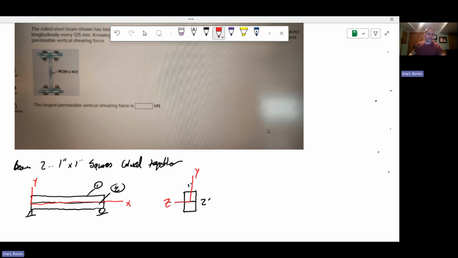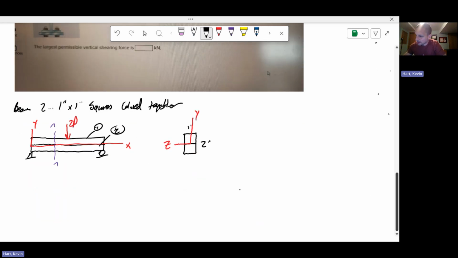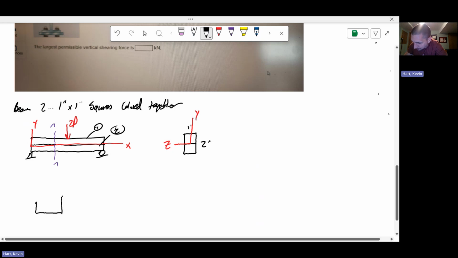Hopefully you're following all of this. All right. If you have some load that is acting on this beam, let's call this 2P, and you're investigating some cross-section here, I'm going to call this nn if you like. It's similar to what you saw in the last problem. Then you're going to have this cut here.